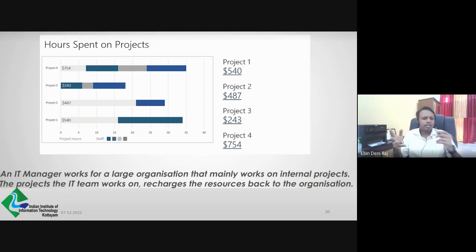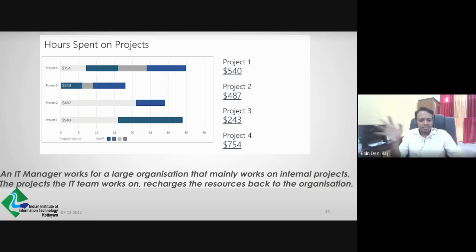So imagine that in the past couple of months, this manager's team had worked on 4 projects, and let's assume the finance department is confused as to why project 4 and 1, despite having virtually the same amount of chargeable hours, are being charged at different amounts, right?